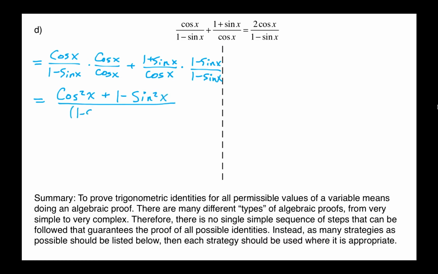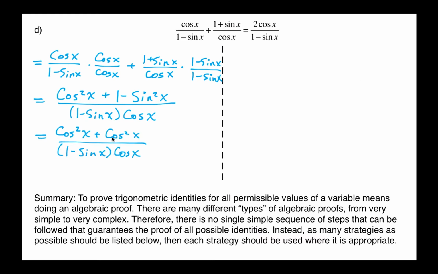So cosine squared x plus 1 minus sine squared x. And the denominator is 1 minus sine x times cosine x. All right, so at this point, I can do some simplification. So I notice that the 1 minus sine squared x is there.